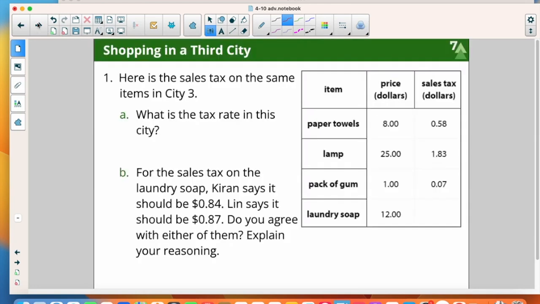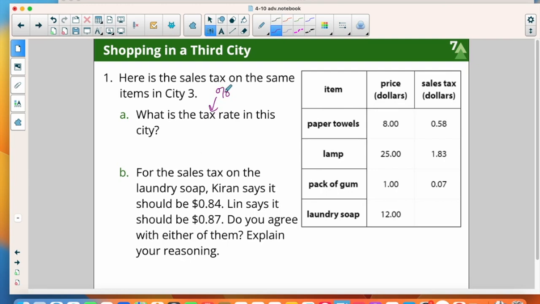So we started with this problem. We have a city, and we didn't do city 1 and city 2, but we're buying some items in city 3. And we bought paper towels, a lamp, a pack of gum, and laundry soap. And it says, what is the tax rate? And tax rate is the percentage.